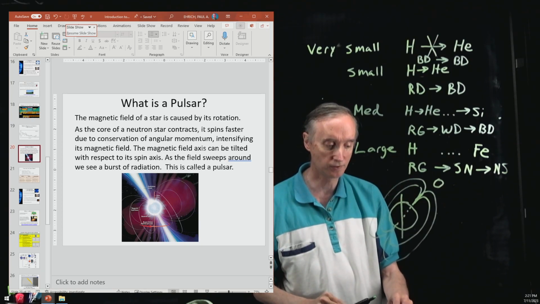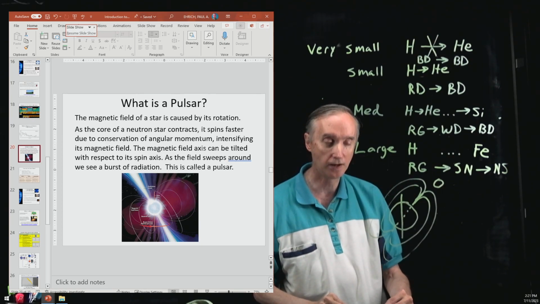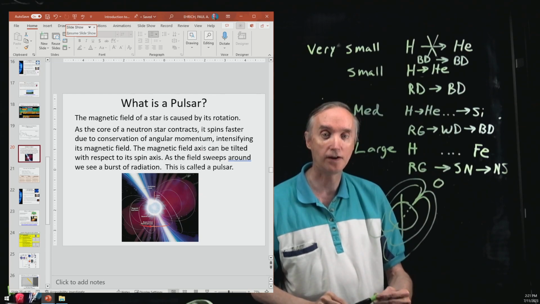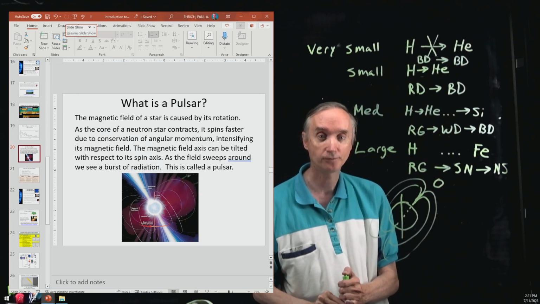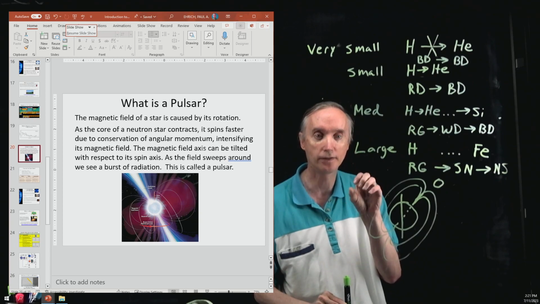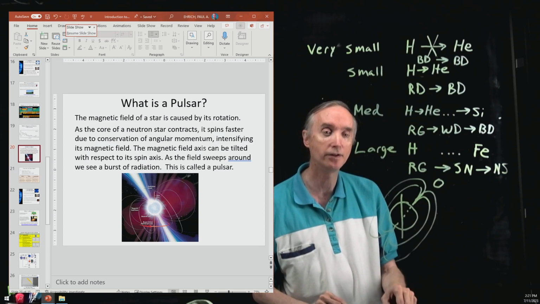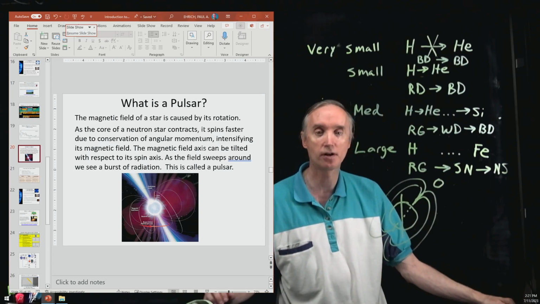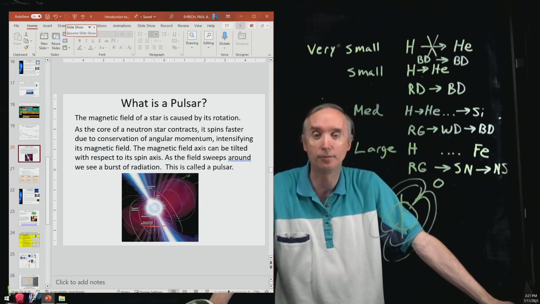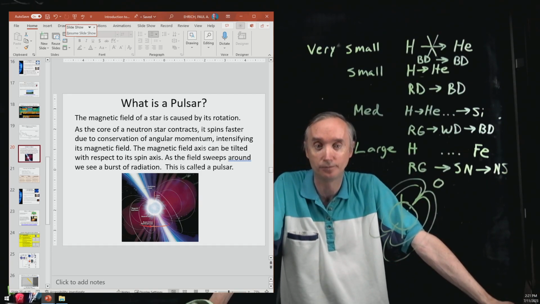So what we're going to see is a flash of light, followed by a flash of light, followed by a flash of light. And so it's going to be blinking like this about once every minute or so. Some neutron stars are spinning so fast that they blink about once every second.